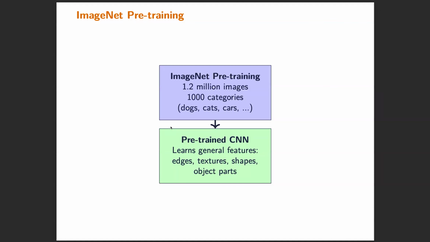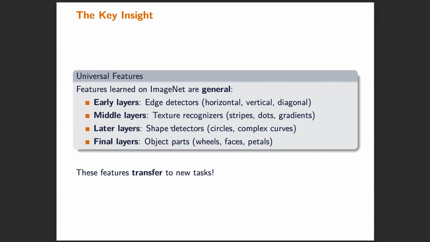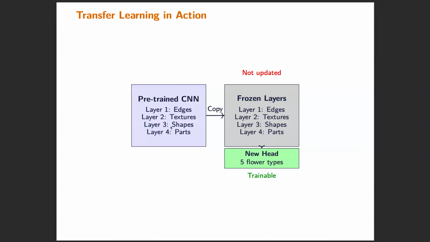We have done this before. The idea is that there are some universal features that the pre-trained model on the large data set learns, and we don't need to learn them anymore; we can transfer them to the new task. Hence, we can copy the pre-trained CNN, freeze most of the layers, and only train a few layers that correspond mostly to the new head that uses the same features and predicts different classes.